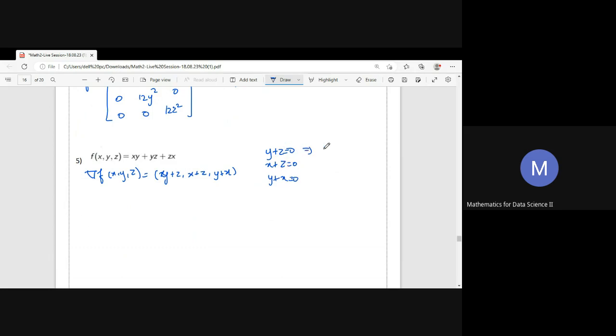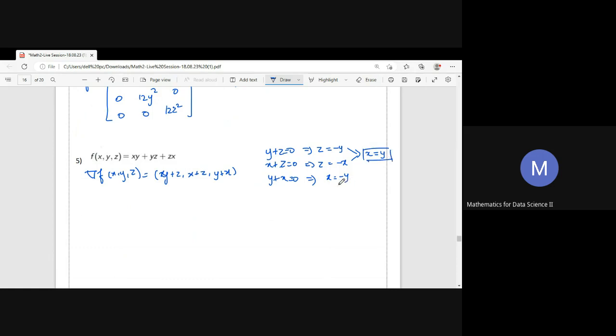Now from this you know that z is equal to minus y. And from this you know that z is equal to minus x. And here you know that x is equal to minus y. So from the first two you know that x is equal to y. Right?